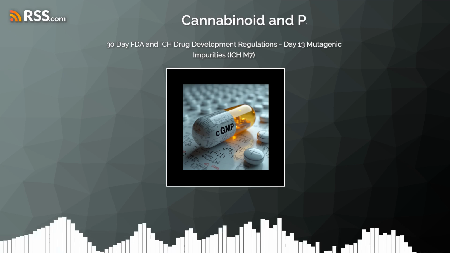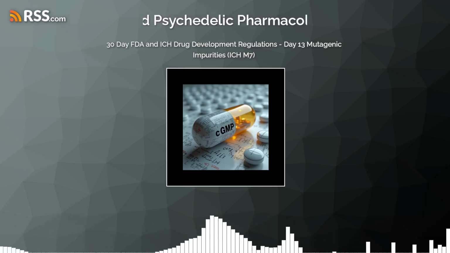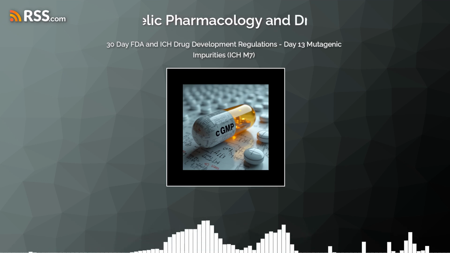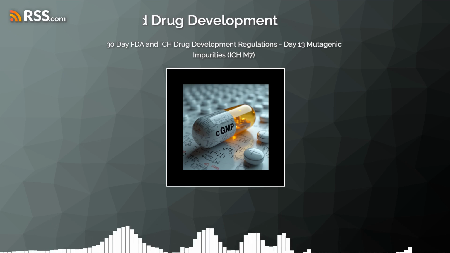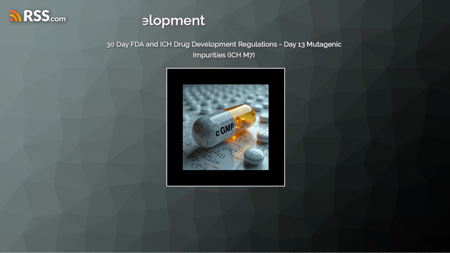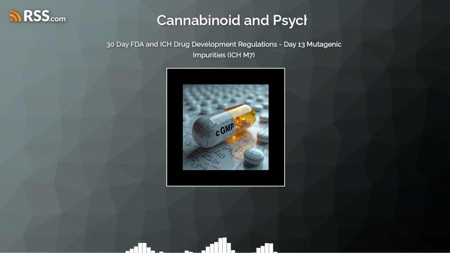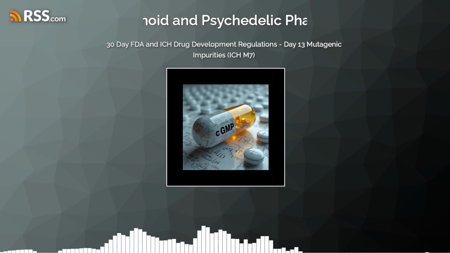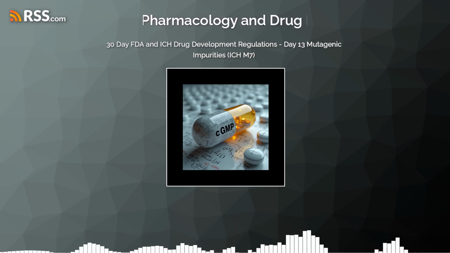So GMPs are kind of like the foundation upon which ICH M7 is built. Precisely. ICH M7 is specifically focused on mutagenic impurities, but it operates within this broader context of GMPs. Got it. So by controlling those impurities throughout the whole manufacturing process, companies can demonstrate their adherence to these GMP principles and ultimately ensure the quality and safety of that final product.